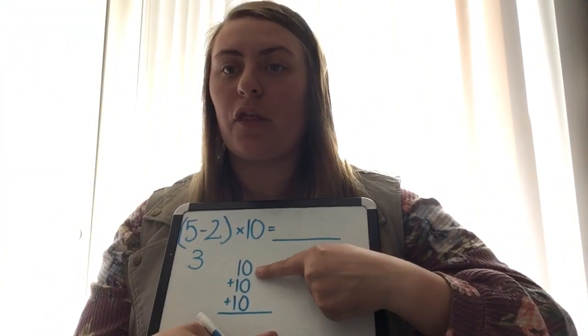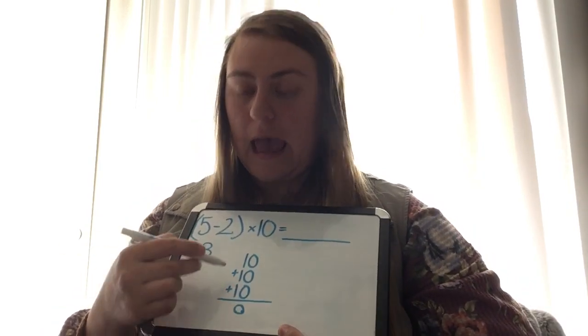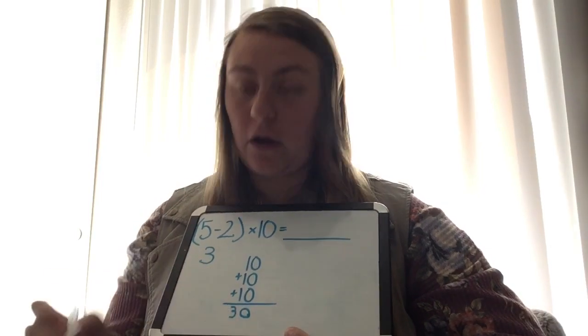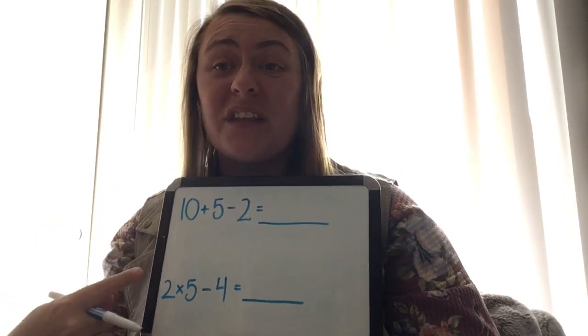When I add my 3 zeros together, I get a 0. And then I have 3 ones, 1, 2, 3, and I have another 3. So my answer is 30.